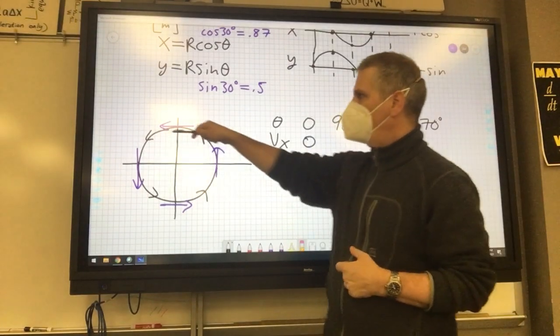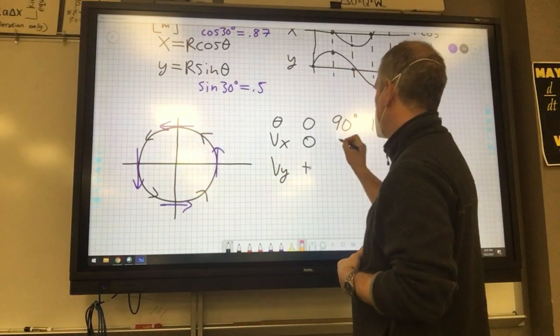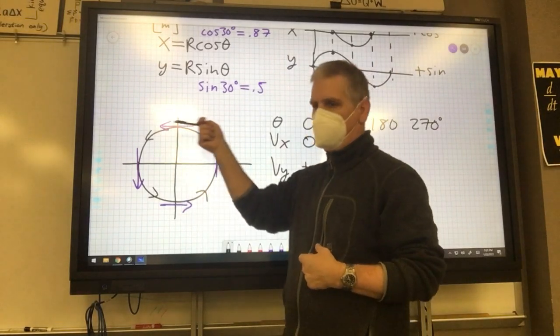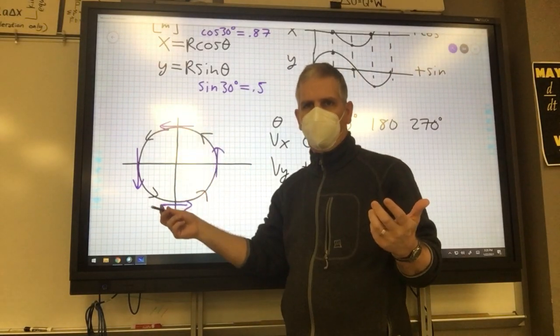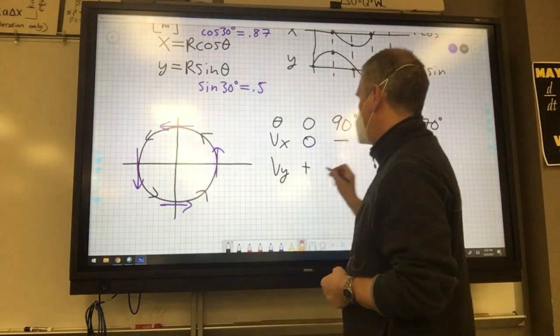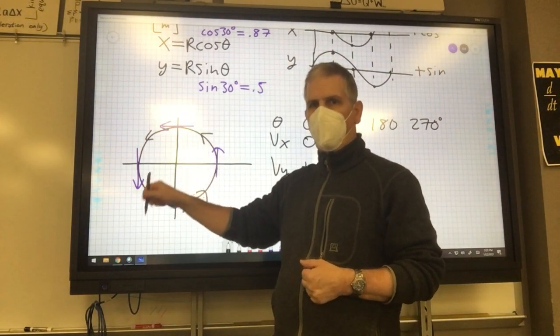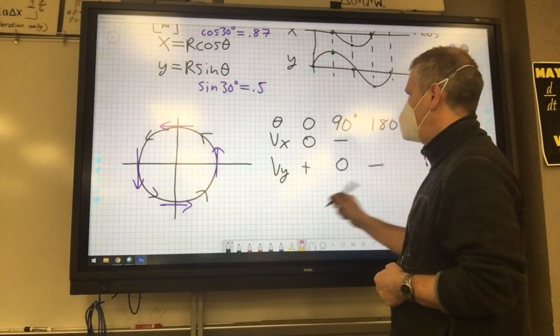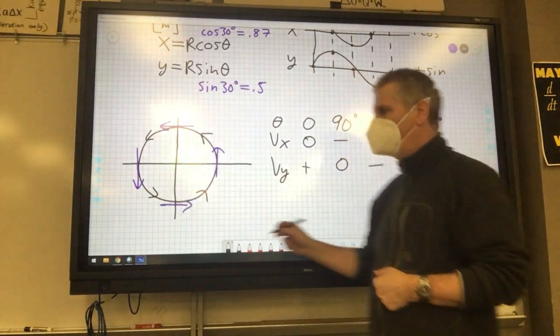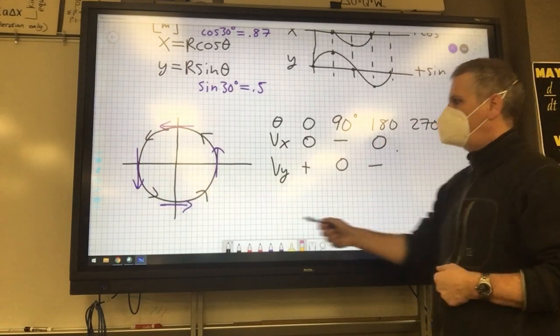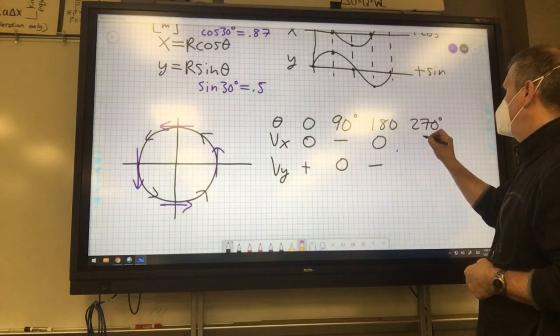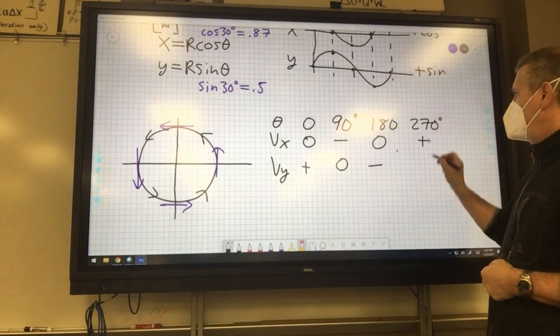At 90 degrees, we get a negative v, but the y component is 0 because it's horizontal. At 180 degrees, we have a negative y component, but 0 x component because it's vertical. And at 270, we get a positive x and 0 y.